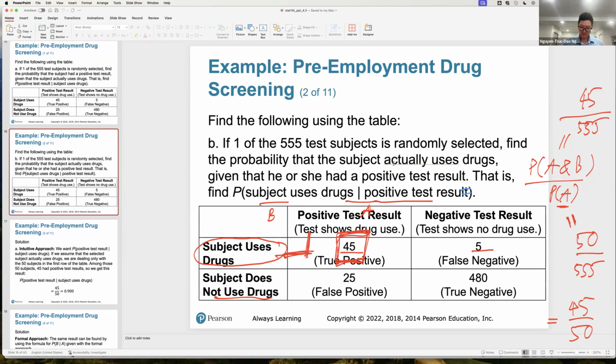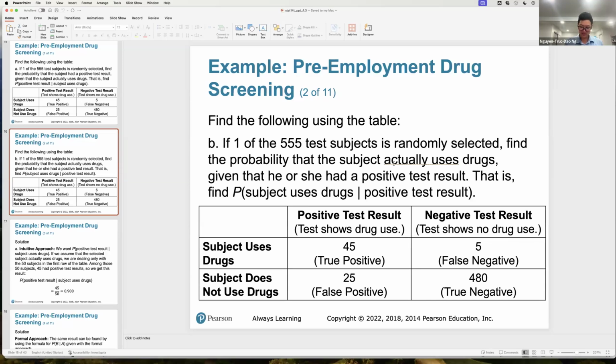I'm going to clear all my drawing here. So now B, let's find the probability that the subject uses drugs, given that the test result is positive. So this is B, this is A. You have to find P of A and B divided by P of A. In this case, let's say P of A. Now let's find the number of the positive test results.